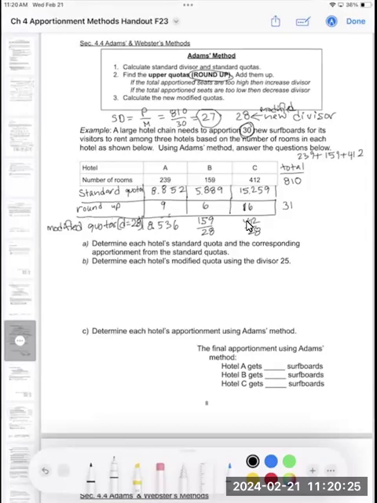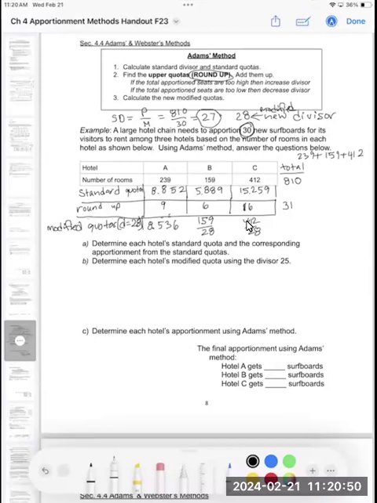Now, if I picked a divisor that was a lot, let's say I picked a divisor of 35. They said increase the divisor, and I said okay, 35. If I divided 239 by 35, let's see what that is. And I got a hugely different number than the standard quota of 8.852.